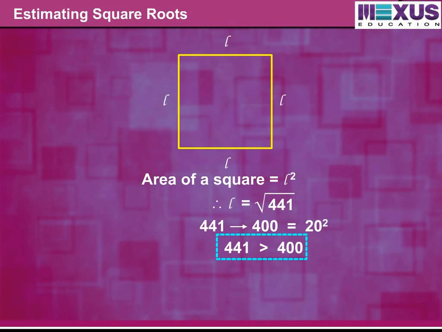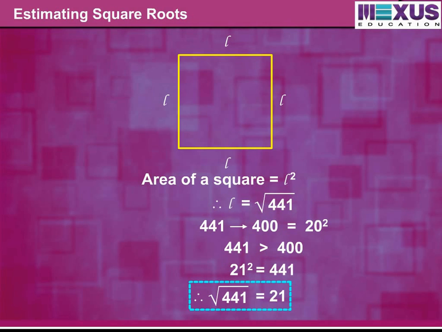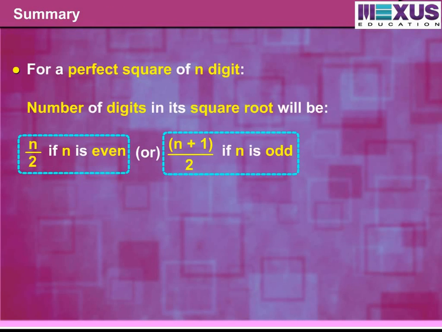As 441 is greater than 400, we'll check 21 square. So we get 21 square is equal to 441. Bingo! Therefore, we can say the square root of 441 is 21. Similarly, estimating square roots in this way helps us to find square roots in a rapid and easy way. Let us revise all the topics we have learned in this module, Square Roots Part 2.